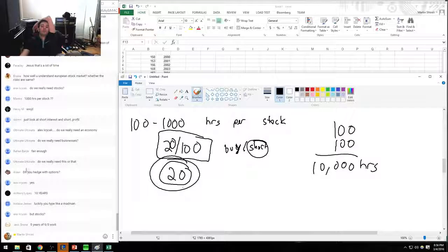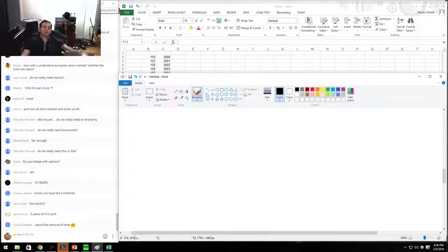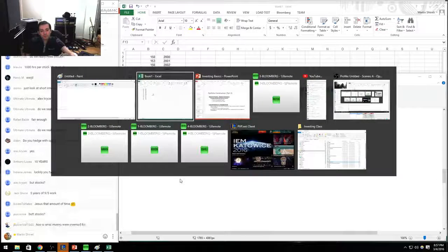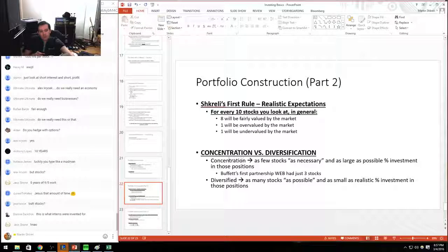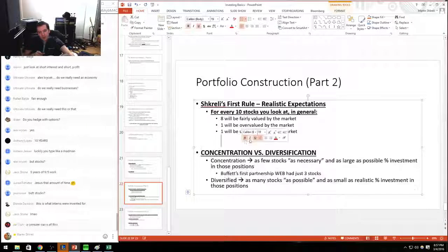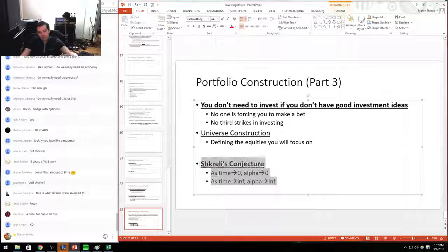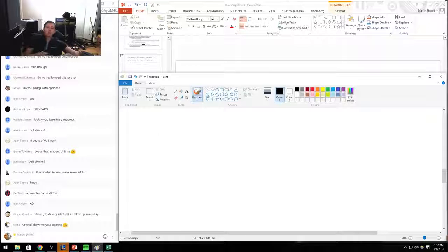And so you do those 100 hours of work, and that's for the bare minimum, and you want to be as diversified as possible. We'll talk about diversification and concentration. But one of the things people have asked about is, how long should I hold a stock?